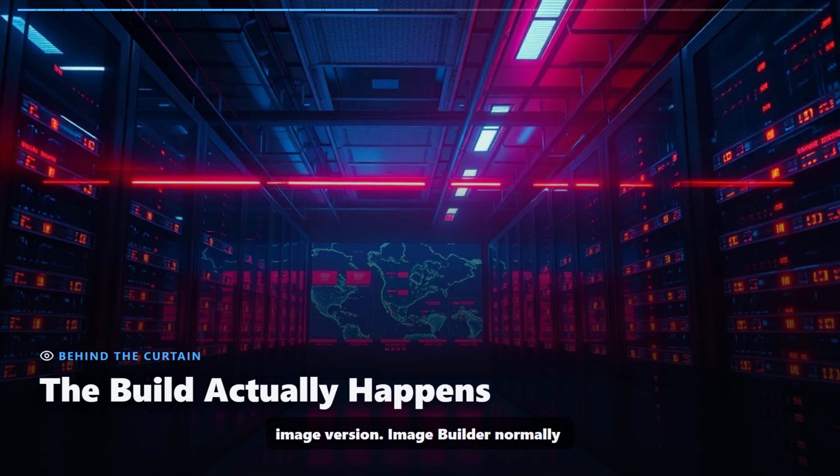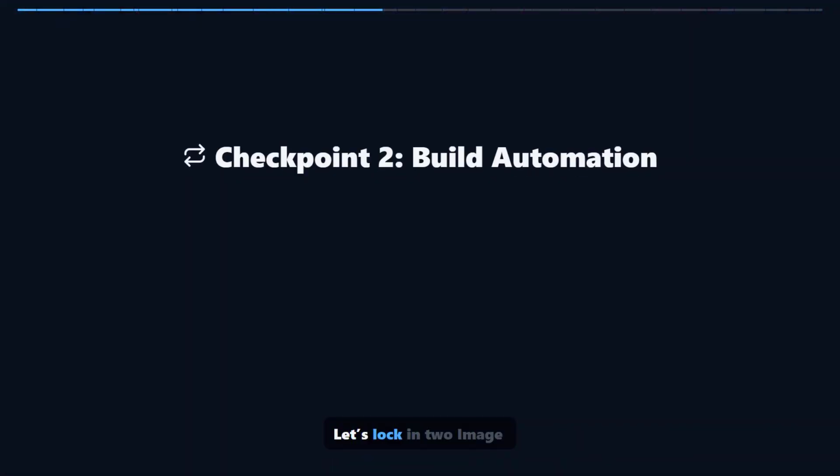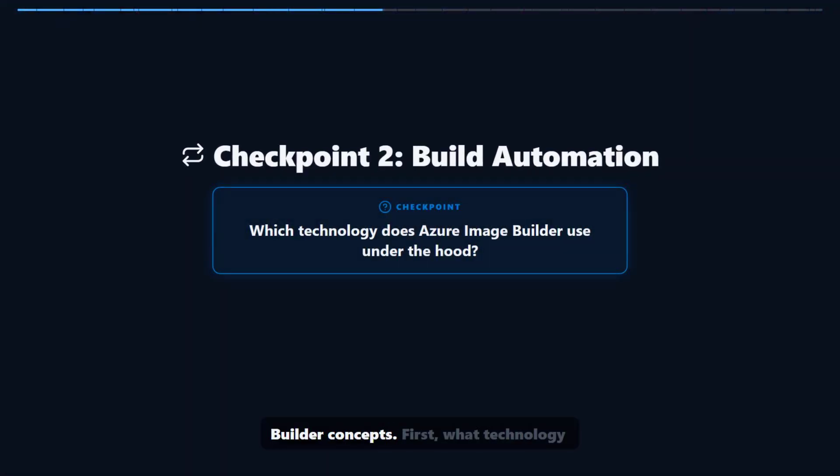Image Builder normally removes the temporary environment when the run completes. When a build fails, use its run status, staging resource logs, and customization logs to determine exactly where the failure occurred. Let's lock in 2 image builder concepts.